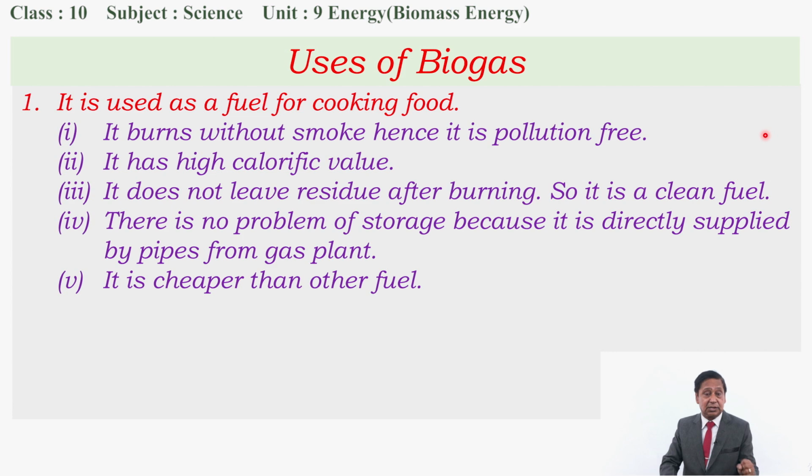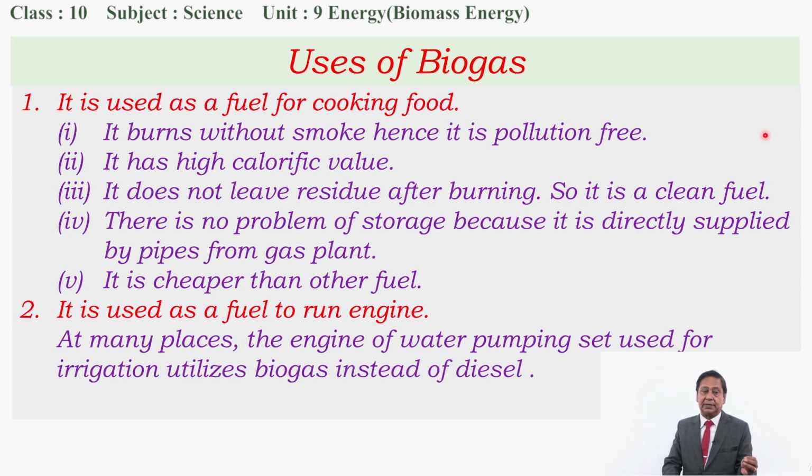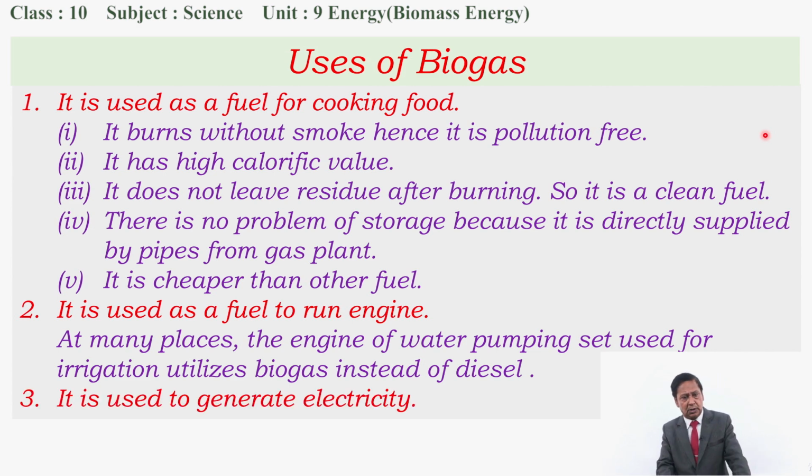Okay. It is cheaper than other fuel. This is actually free of cost in the villages. We are using just animal dung and agricultural waste as raw material. That's why it is very cheap. And it is used as a fuel to run engines. In many villages, the engines of water pumping sets used for irrigation utilize biogas instead of diesel. Now there is another use also. It is used to generate electricity.